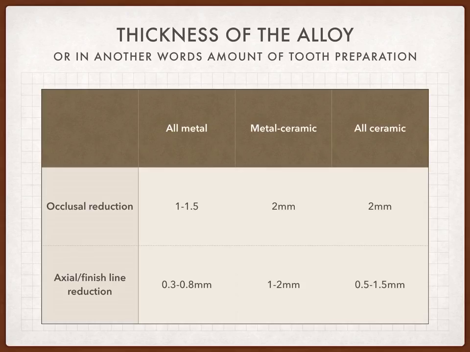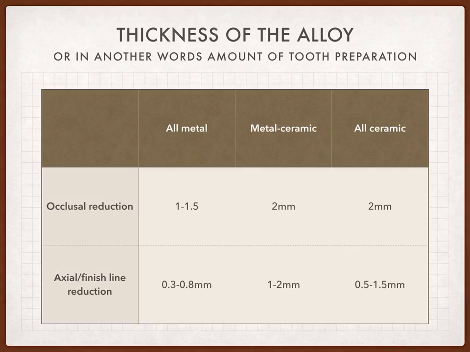We should do an occlusal reduction, which will subsequently be the thickness of the restoration. For the all metal restorations, we should do 1 to 1.5 millimeter occlusal reduction.